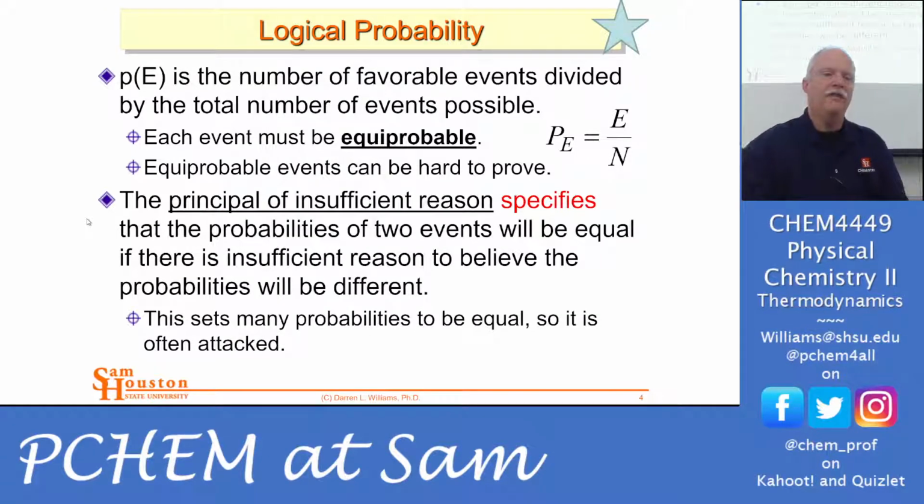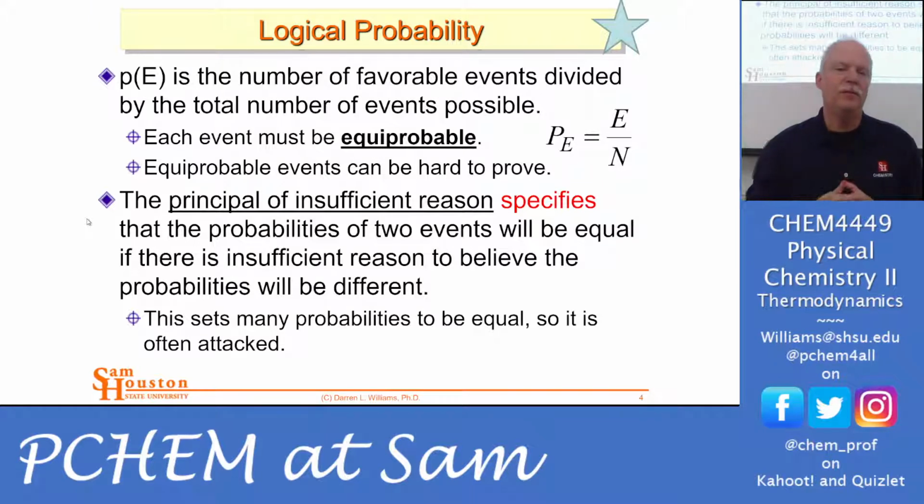Okay. And then we have this, because we can't prove that the events are equiprobable, we set up the barrier to say, well, we're going to call them equiprobable unless there's a reason to not call them equiprobable. So that's called the principle of insufficient reason. It says the probabilities of 2 events will be equal unless there is insufficient reason to believe the probabilities will be different. In other words, we're going to say this is a normal distribution, and then we're going to test the specific case to see if our assumption was wrong.